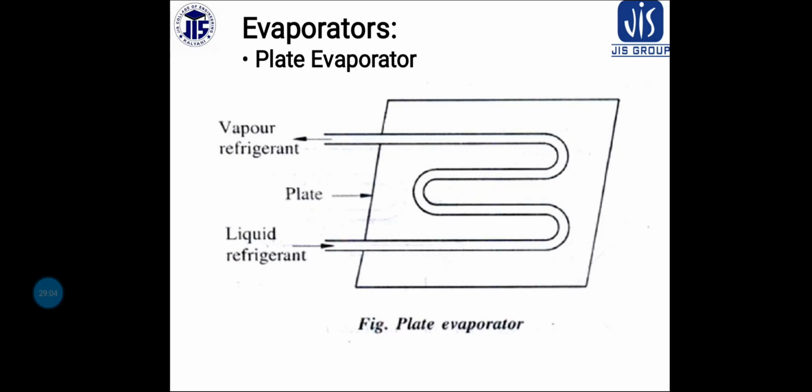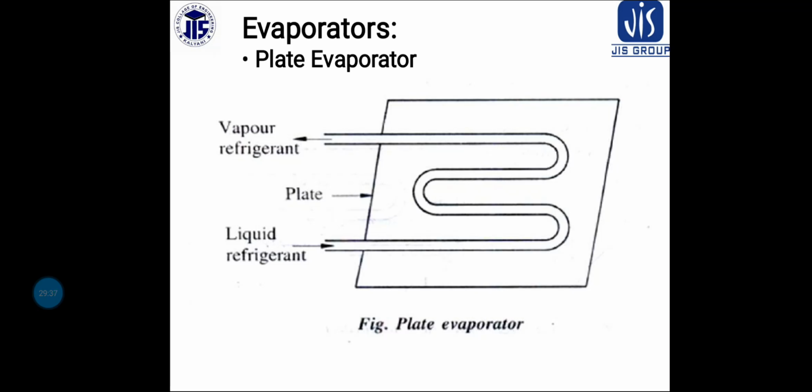Now at last the plate evaporator. Let us discuss the plate surface evaporator. This is the plate evaporator, and in the figure you can see these evaporators are made in different designs. In some cases tubing is attached to the plate, whereas in other cases two sheets may be pressed together to provide a path for refrigerant flow between them.